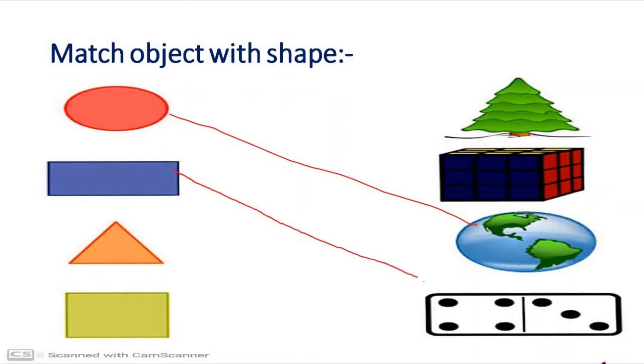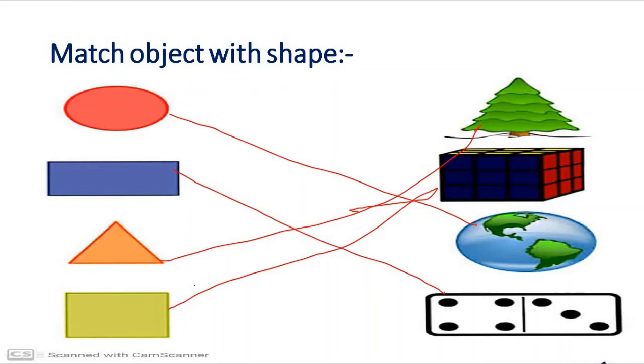Yes. Okay. Next is triangle. So where is the triangle shape object? Yes, you all are right. Match with this. Next, cube. So match with this. I hope you all understand well how to match the objects with the shape.